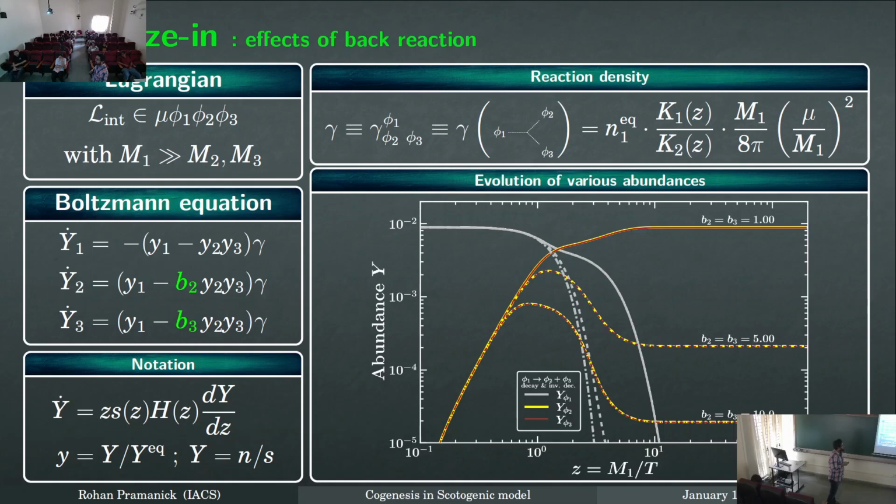But my point is that if you actually want to solve it correctly, you need to put in this y2 and y3, because if you rescale this arbitrarily, say if you put b2 and b3 to 0, you will end up with different amounts of phi 2 and phi 3. But that is incorrect, because there is always number conservation. If you start with 100 phi 1s, you will end up with 100 phi 2s and 100 phi 3s, because number conservation is built into the structure.